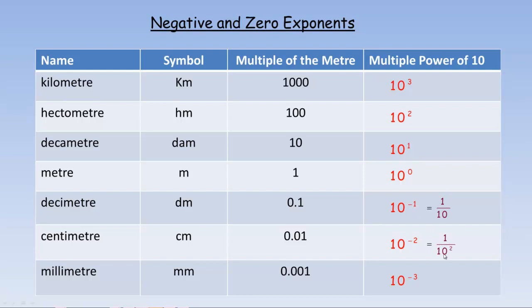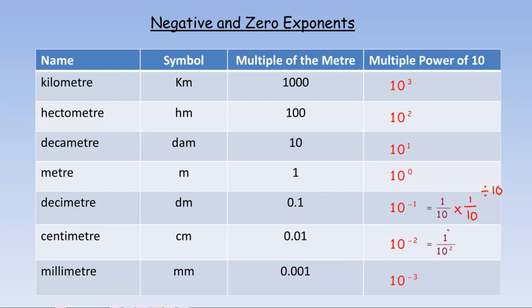This one here, 10 to the power of negative 2. So we divide by 10 again, and see, when you divide by 10, it's the same as multiplying by 1 over 10. That's the same thing as dividing by 10.